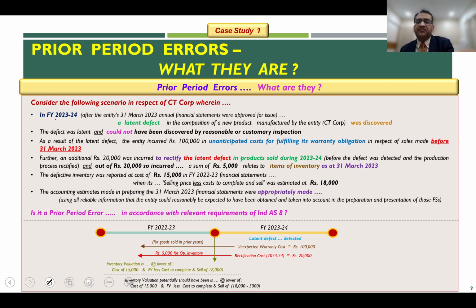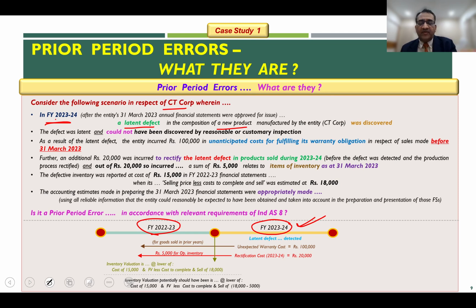Let us consider a scenario in respect of CD Corp where in FY 23-24, after the entity's last year's financial statements of 22-23 have been approved and issued, the entity identified that there was a latent defect in the composition of a new product which is manufactured by the entity.